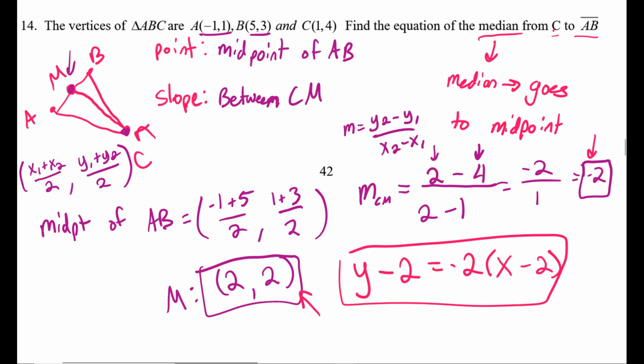This is one equation you could have. Or if you choose to use the coordinates for C, you could do y minus 4 equals negative 2 times x minus 1. And this is the same exact process, only you're plugging in the coordinates for point C. Both of these equations, when you solve them for y, will get you the same equation of the line.